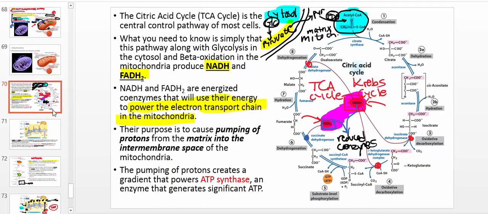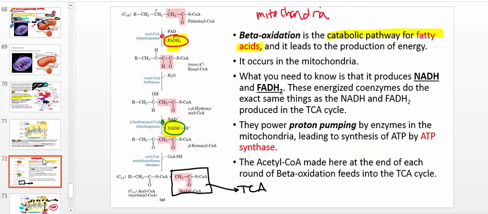And then for the function, just make sure you understand what pathways occur in the mitochondria, okay? And be able to give a general function of them. Notice that the TCA cycle, the Krebs cycle, and beta oxidation produce both FADH2 and NADH, the reduced and energized coenzymes.